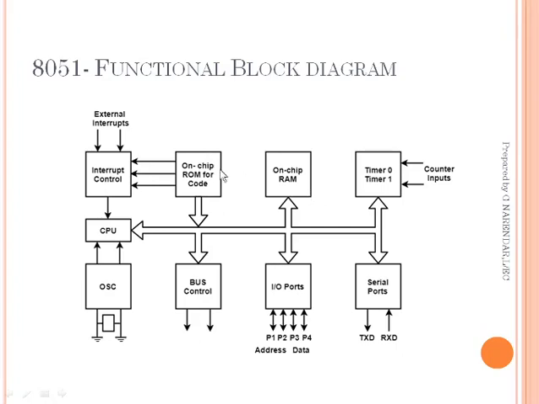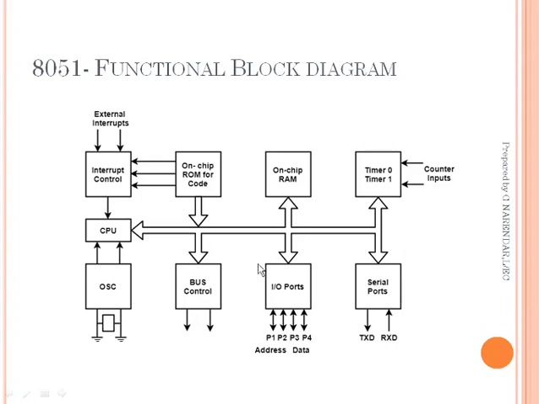Apart from this, the CPU is a sequential circuit, so it requires a clock circuit. The clock generation circuit, called the oscillator, is also shown here, for which you have to connect the crystal oscillator externally. This crystal oscillator is not present on the chip; it should be connected externally.